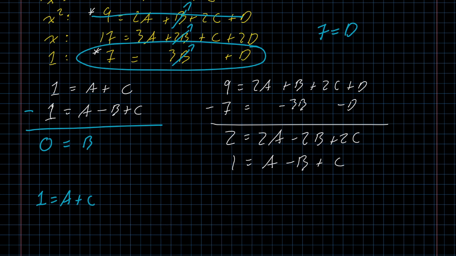Then the third equation, 17 equals 3a plus 2b, but b is 0, plus c plus 2d. 2 times 7 is 14. Subtract 14 from both sides of the equation, and I get that 3 is equal to 3a plus c.